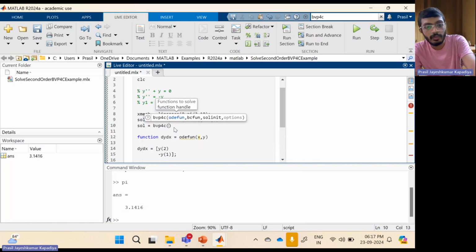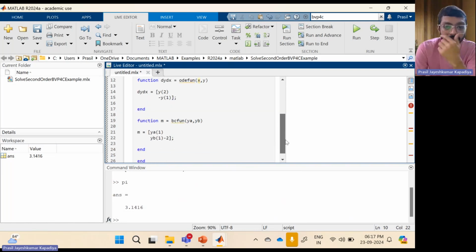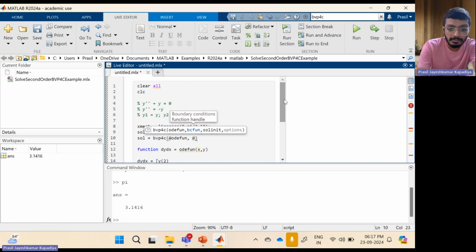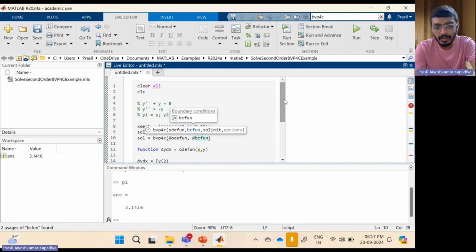So first I need to define my ordinary differential equation. So I will call that function by ODE FUN, the name of the function. I will put a comma, correct? And then I will add the boundary condition, which is represented by the boundary condition function BCFUN, comma. What do I need to give?